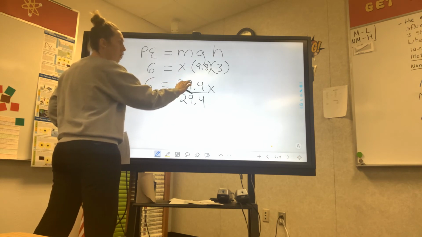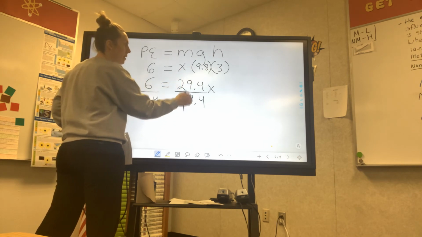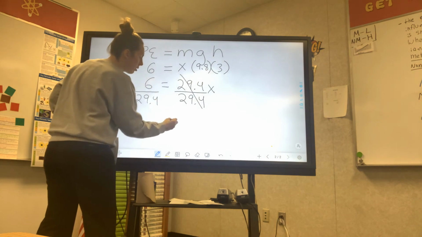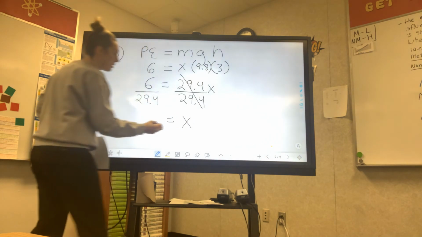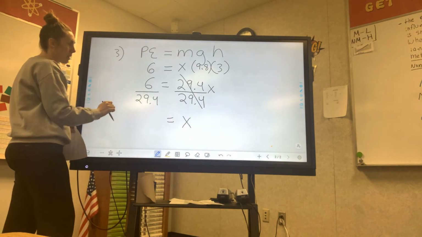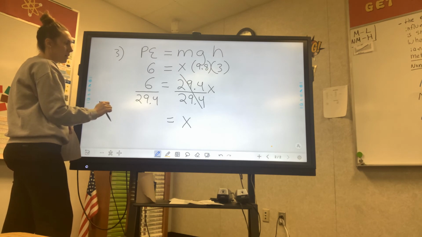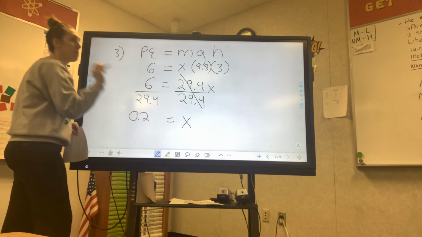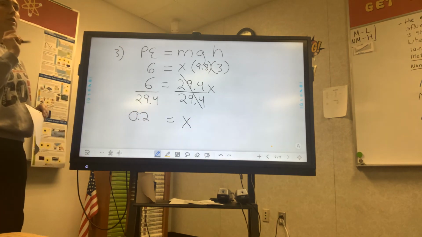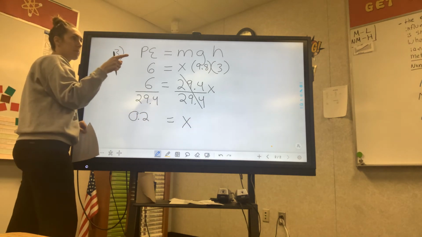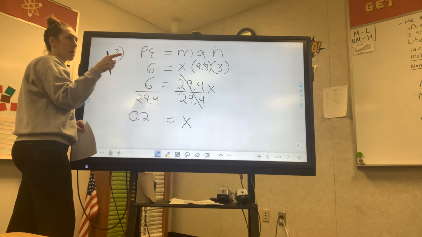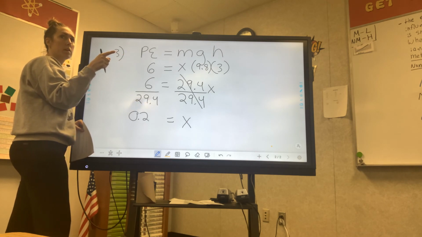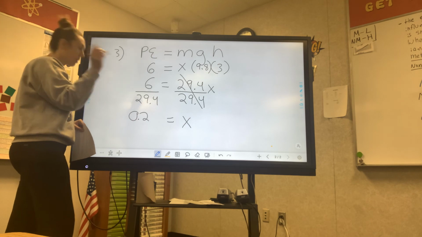Anything divided by itself is 1, so this cancels out. We have x by itself, and that is 0.2. And what is the mass unit? Mass is always in kilograms, perfect.